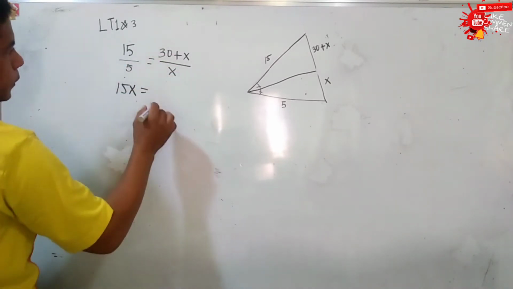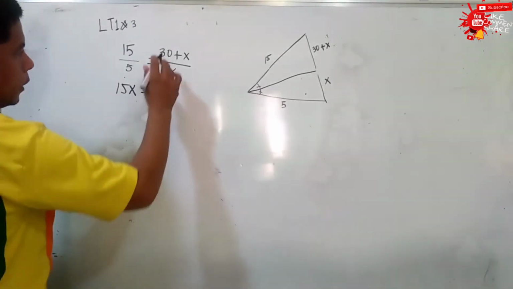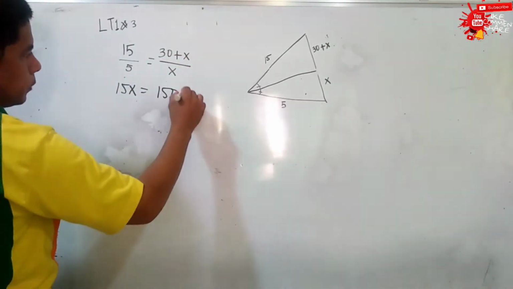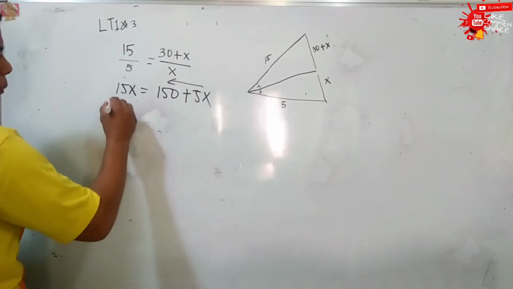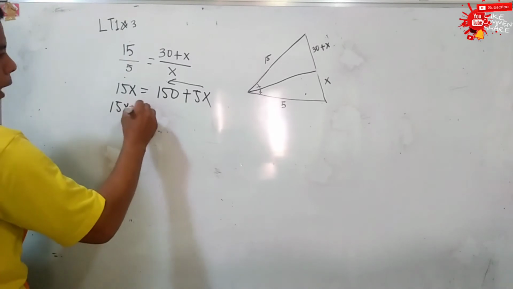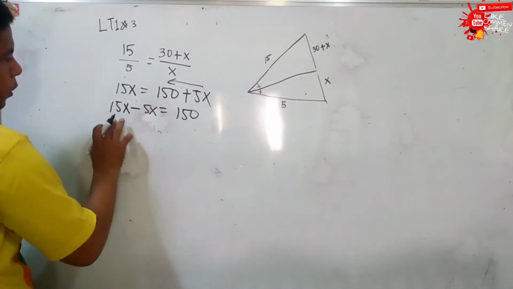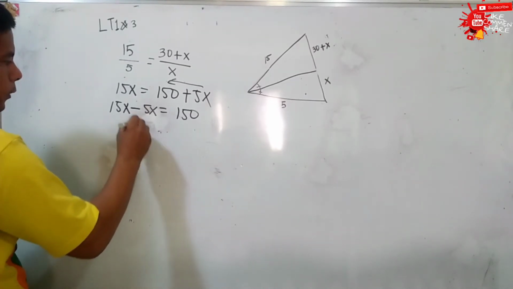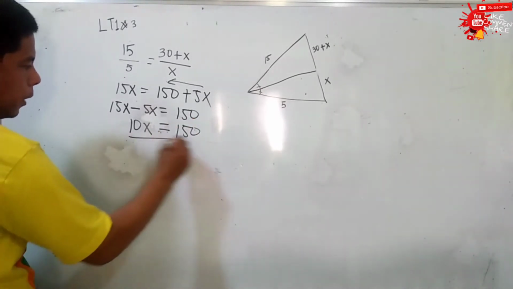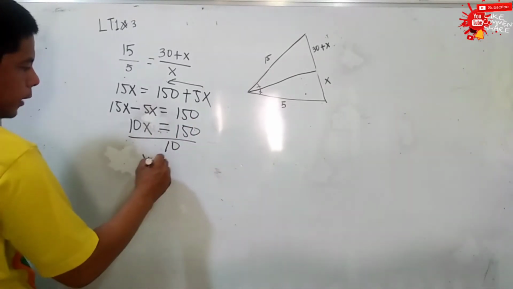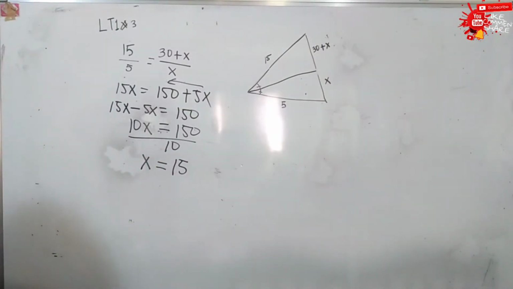Then, 5 times 30 is 150. 5 times x is 5x. Simplify. So, transpose. So, 15x minus 5x equals 150. So, simplify equals 10x equals 150 divided by both sides by 10, x equals to 15. So, 15 yung x natin.